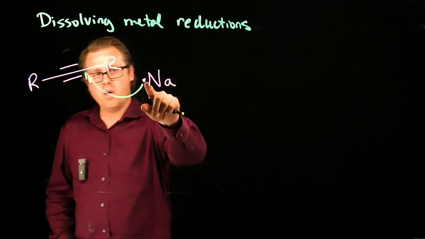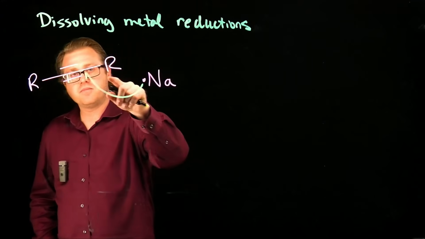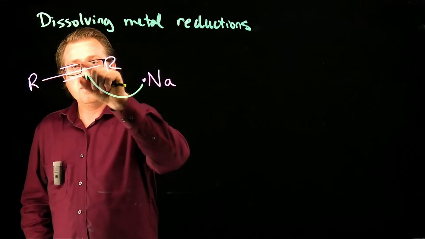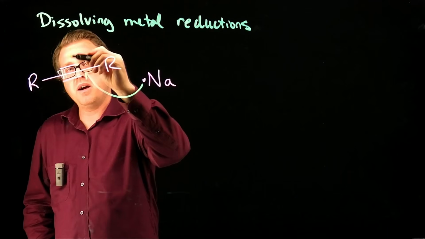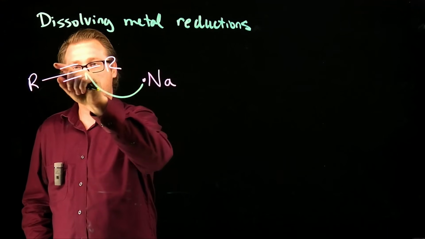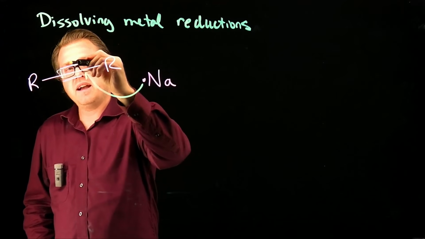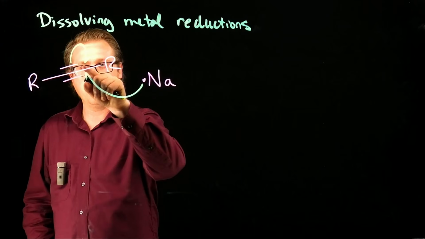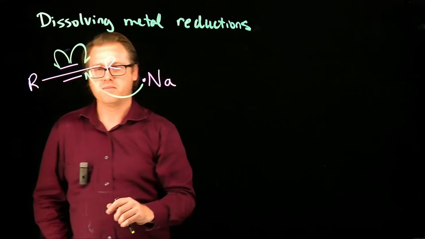It's going to donate its one electron to the carbon there. And then the pi electrons in this triple bond here, we're going to break one of those bonds in a homolytic fashion. We'll put one electron on this carbon and another electron on that carbon.